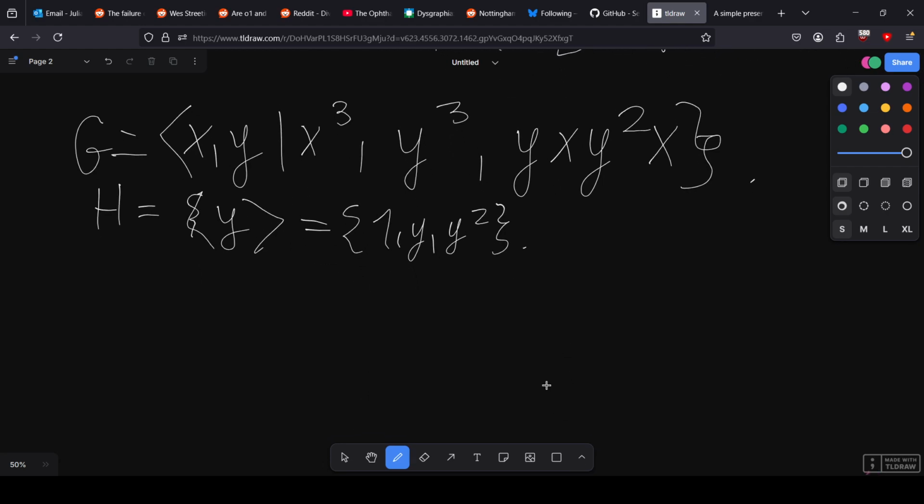So, let's start with working through all of the relators. 1x, we don't know the action here, so it goes to 2. 2x, we don't know again, so we go to 3. 3x has to go to 1, because this is applying x 3 times.